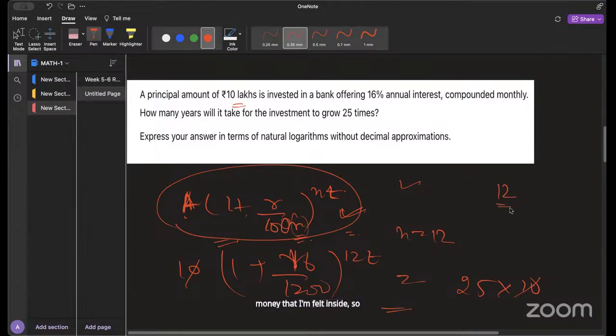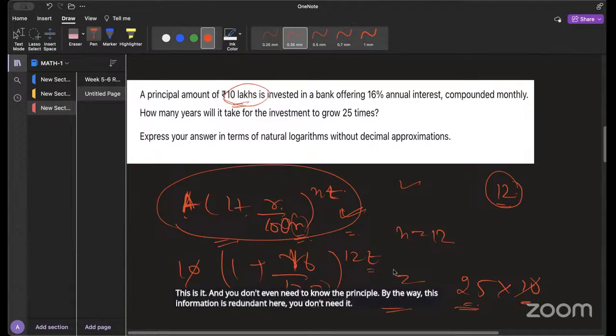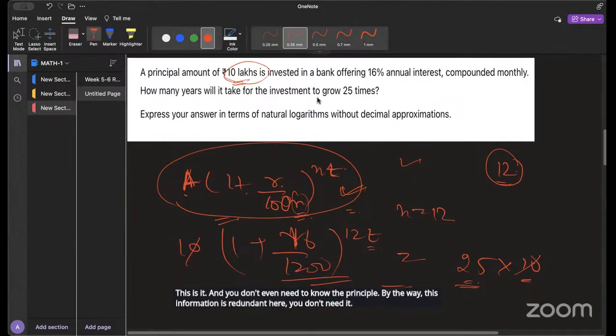So it's 12 times in a year. And then R is given to be 16. In the end, they ask how much time it would take to become 25 times the initial amount, the principal amount. You don't even need to know the principal. By the way, this information is redundant here. You don't need it. Is this okay? Yes, ma'am.